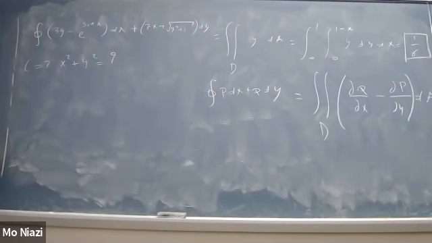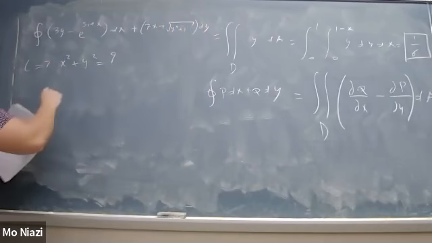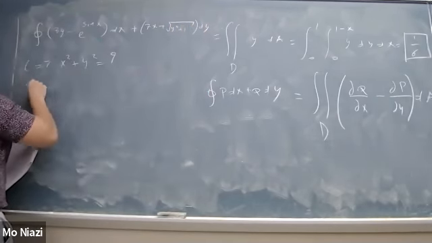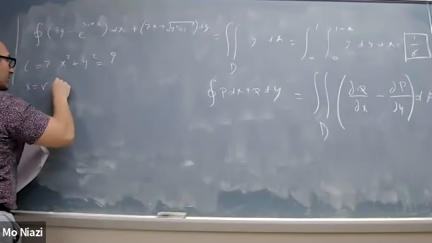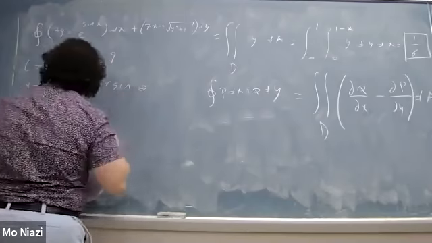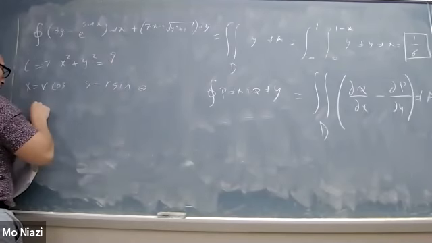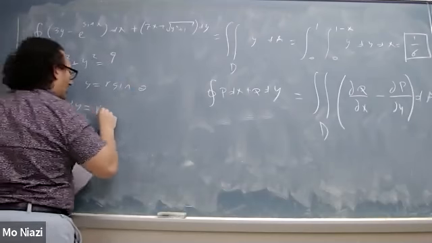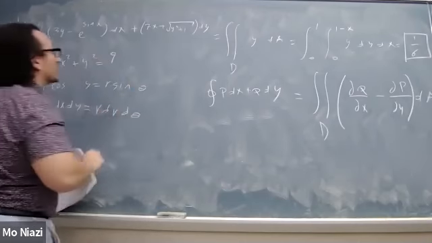Well, if we're going to integrate about a circle, why don't we switch to polar coordinates? We transform x to r cosine of theta. We transform y to r sine of theta. And we transform our dA, which is the product of the dx and dy, to r dr d theta.